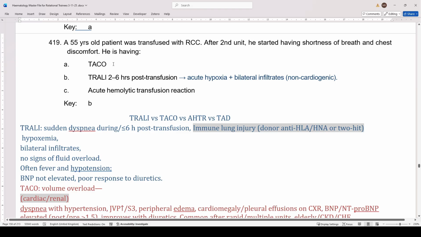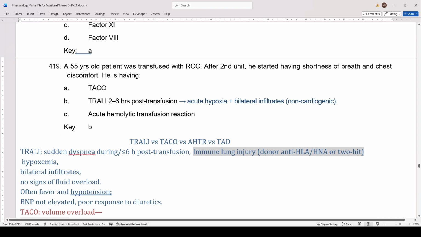If a patient has... because this is a 55 years old patient, he may be hypertensive, he may have cardiac compromise or renal issues, and with the second unit he started circulatory overload, so he can have shortness of breath and chest discomfort. So it can be a case of TACO. And it can be a case of TRALI, second hit.